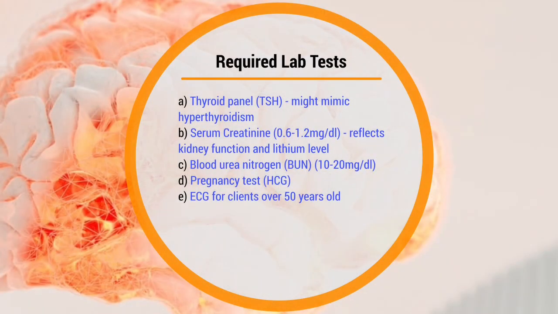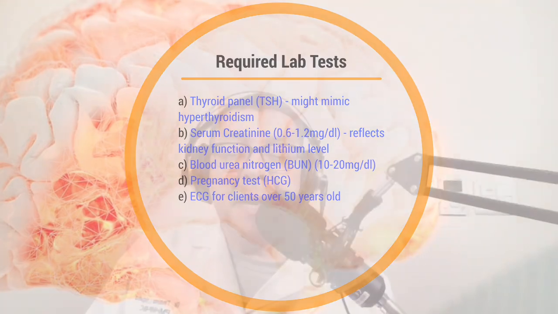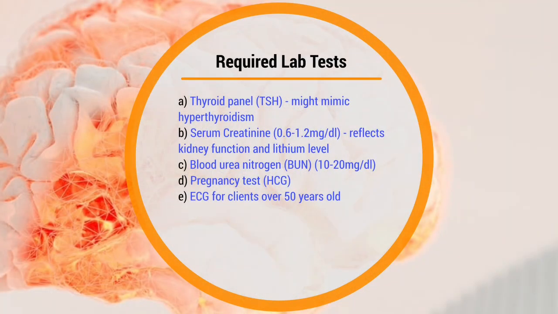Okay, you need to monitor your creatinine because lithium is taken out of the body by the kidney, and creatinine and BUN have a lot to do with kidney function, right? So it reflects the kidney function and the lithium levels. Blood urea nitrogen or BUN, that's 10 to 20.